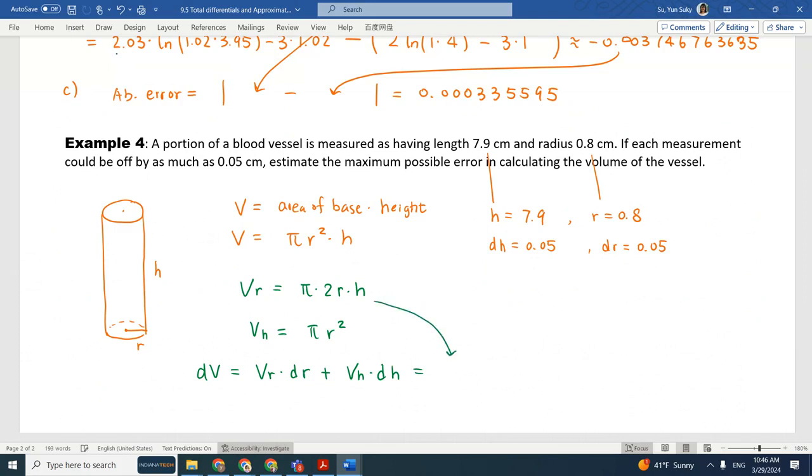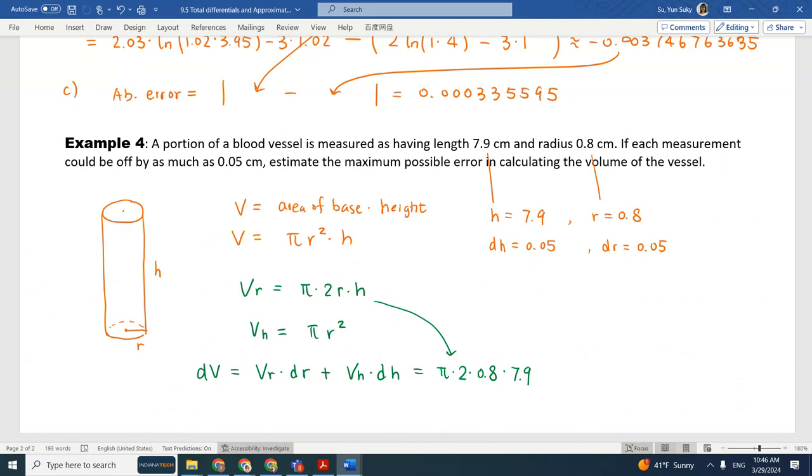So put it here: pi times 2 times r. What is r? 0.8. Yes, everybody? How about h? 7.9. Is that okay, everybody? We're running the numbers.